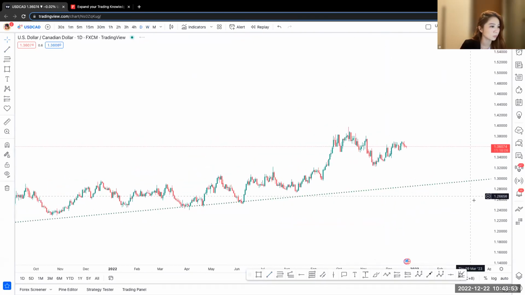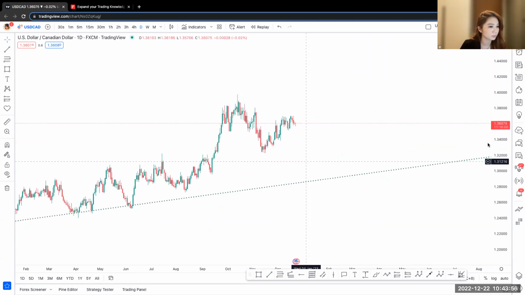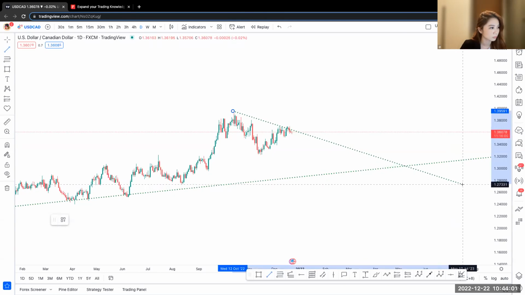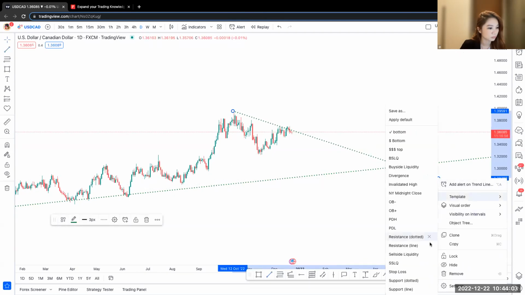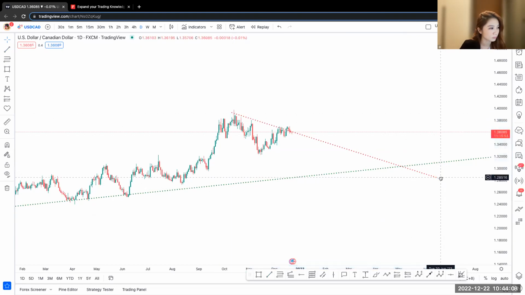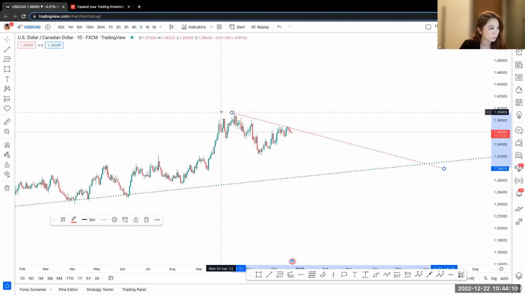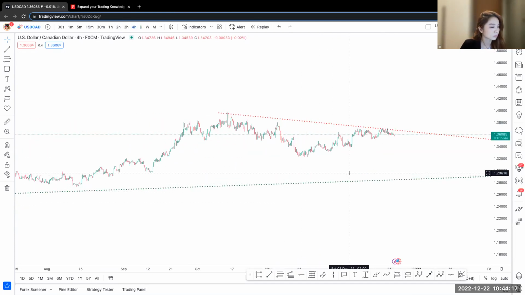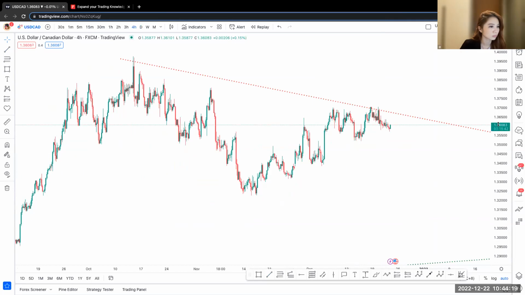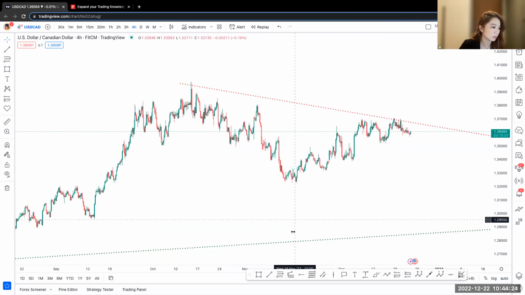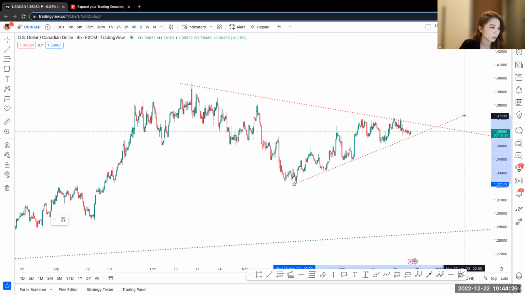Let's look at daily. Could move this trend line slightly closer, so upward over here.